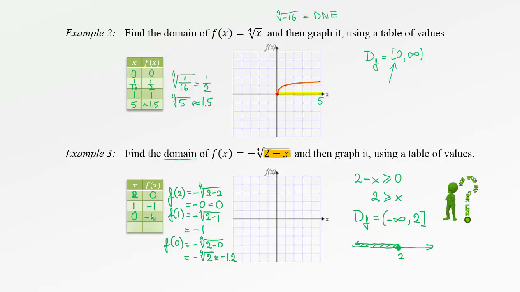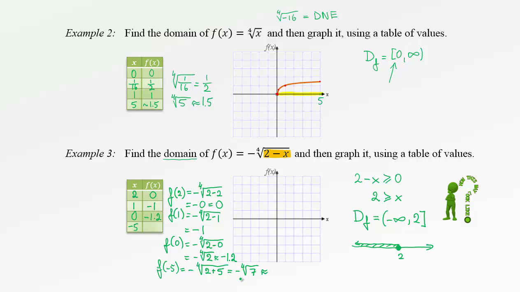Okay, negative 1.2. And maybe let's check at the end of our grid, for example at negative 5. So f of negative 5 is negative fourth degree root of 2 minus negative 5. So we have two negatives, therefore it's 2 plus 5. That gives us negative fourth degree root of 7.